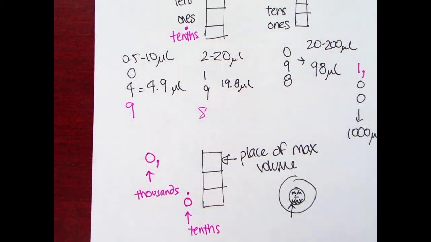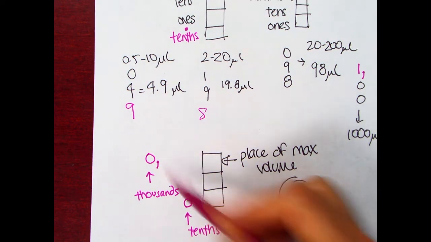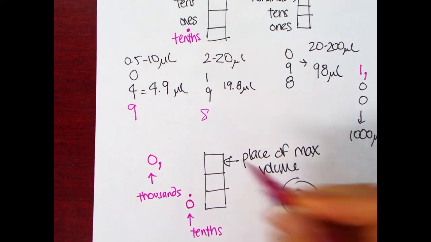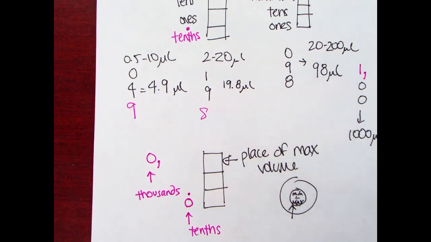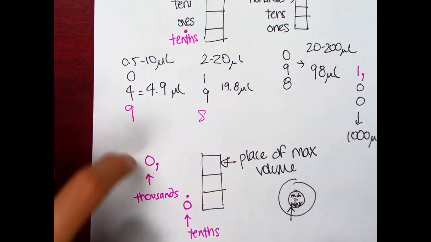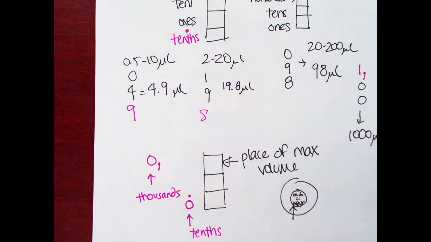The red number is just to remind you that there is a punctuation mark there, and by where the red number is in relation to the unit of the max volume, you can remember whether it's the thousands place red number or the tenths place red number.